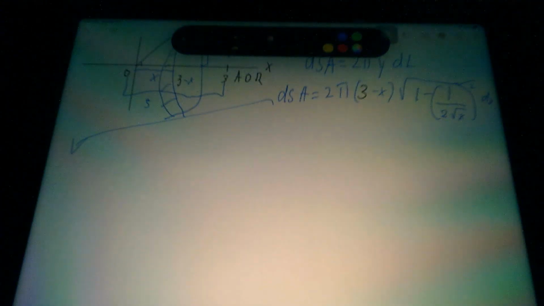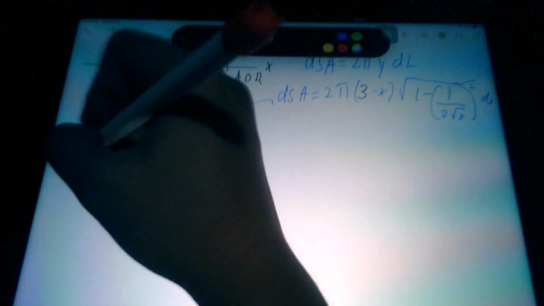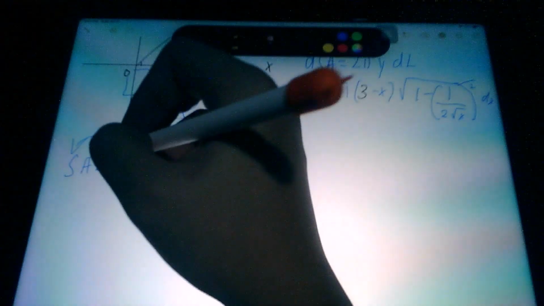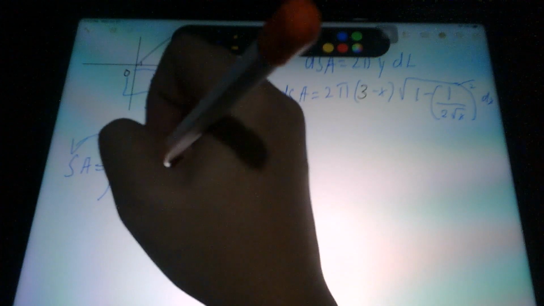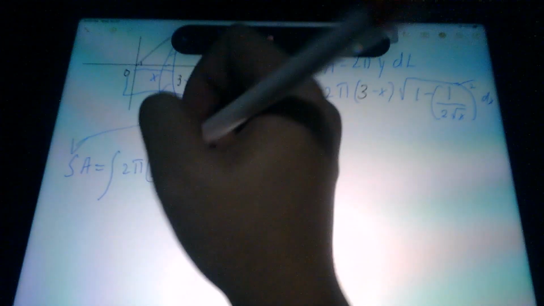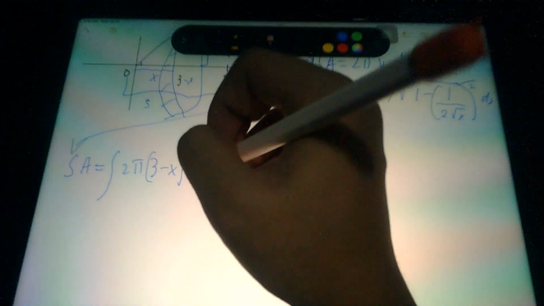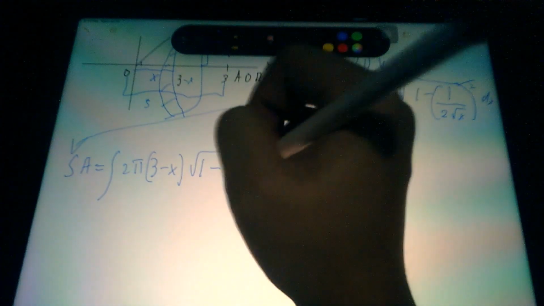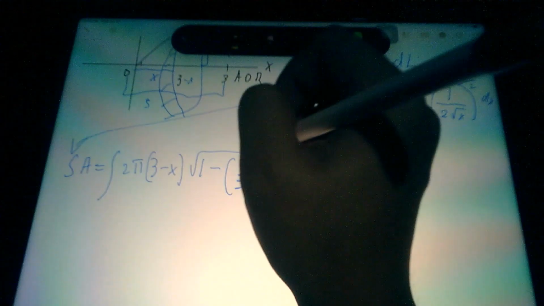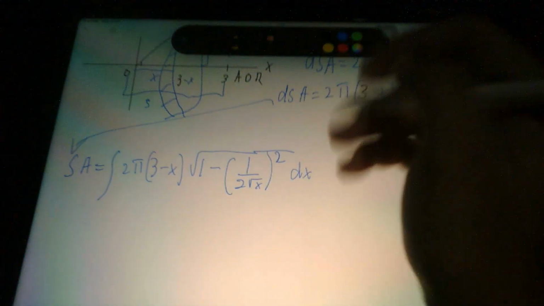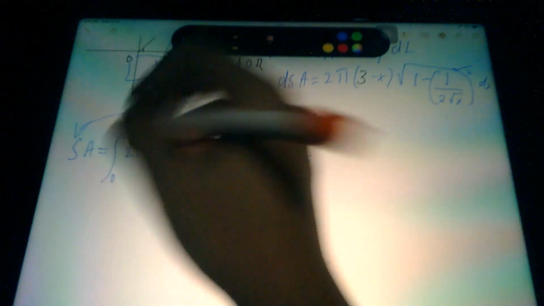So the surface area is equal to the integral of 2 pi times 3 minus x times the square root of 1 minus 1/2 square root of x squared, dx. Now from limits 0 to 3.